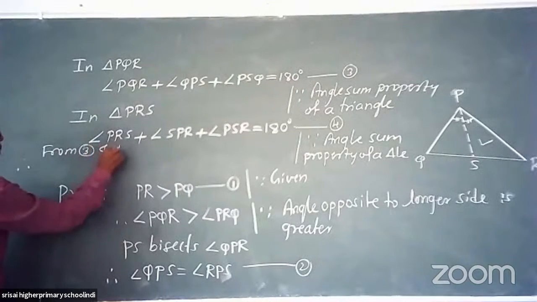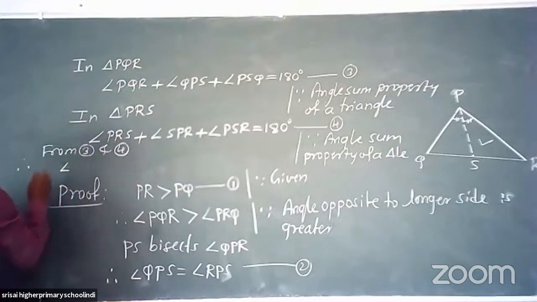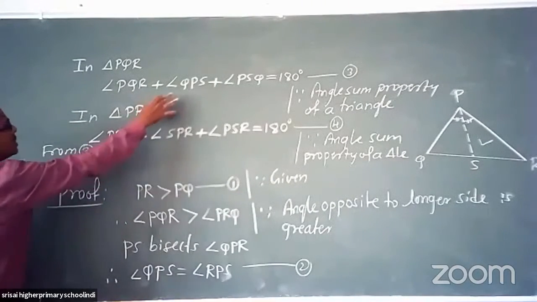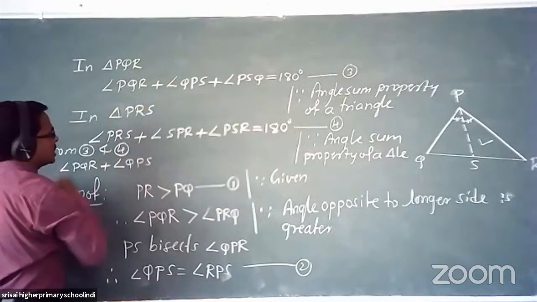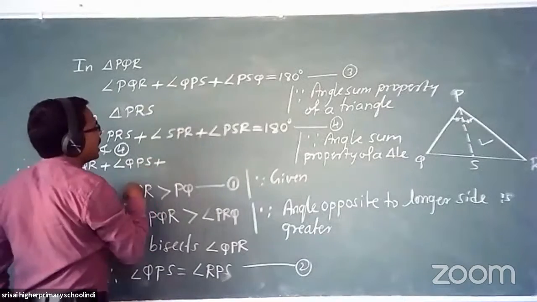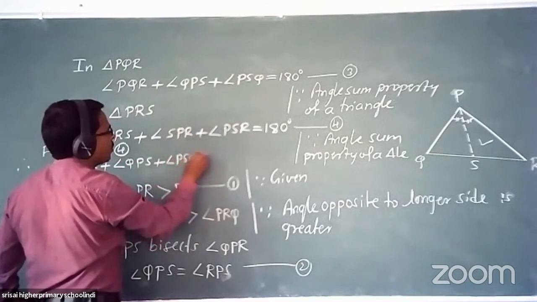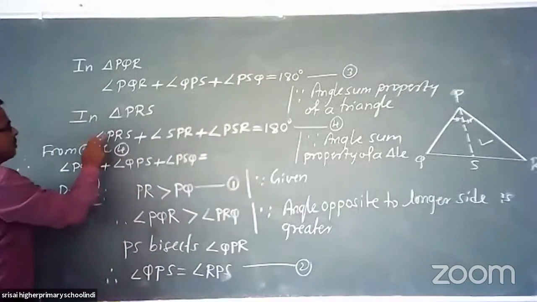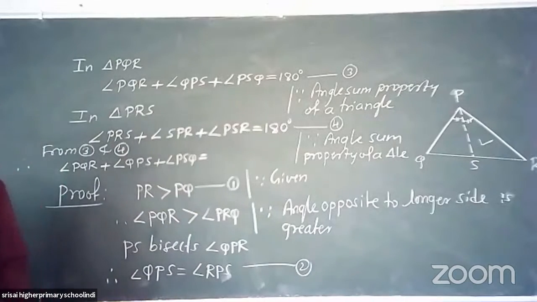3 and 4, left hand side of 3 is angle PQR plus angle QPS plus angle PSQ equal to the left hand side of equation number 4.